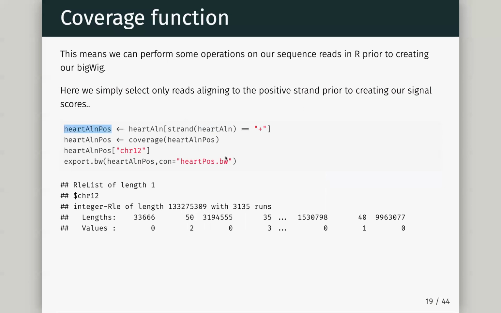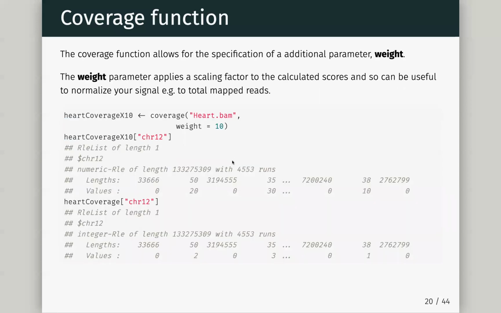Once I've extracted them, I can run the coverage. Then I can use export.bw, which is our export for a bigwig, pass it our coverage RLE list, and set it to write to this file.